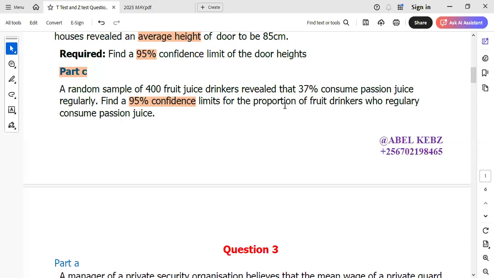If you're dealing with proportion, you are looking for the proportion of fruit drinkers, not the mean. Next time we are going to start from this one, as we drive to testing.